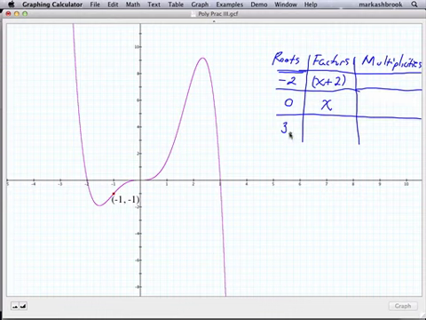Multiplicity at -2 is 1. Multiplicity at 0 is 3, because it has the behavior of a cubic there. It goes through, but it kind of hovers. What about x minus 3? 1.